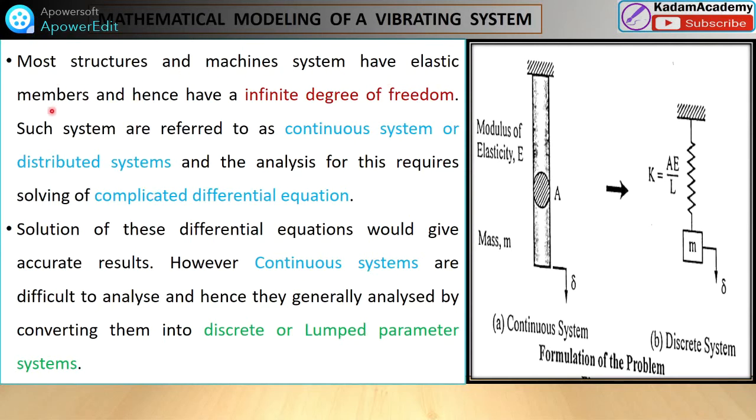Hence systems with infinite degrees of freedom are referred to as continuous or distributed systems, and analysis of these systems requires complicated differential equations. The solution of these complicated equations would give accurate results. However, continuous systems are difficult to analyze, and hence they are generally analyzed by converting them into discrete or lump parameters.